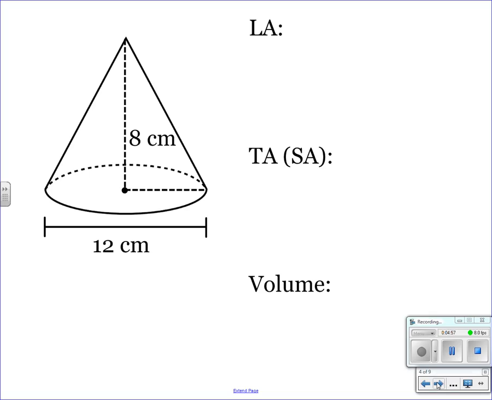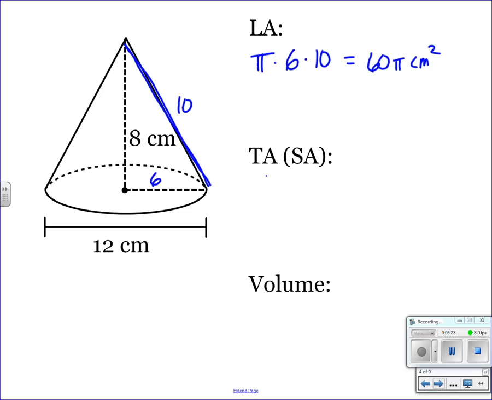They give us the whole diameter of the base is 12, so the radius is 6. We use our Pythagorean theorem to get the slant height, which is 10. So our lateral area is pi times the radius times 10, the slant height, so that's 60 pi square centimeters.